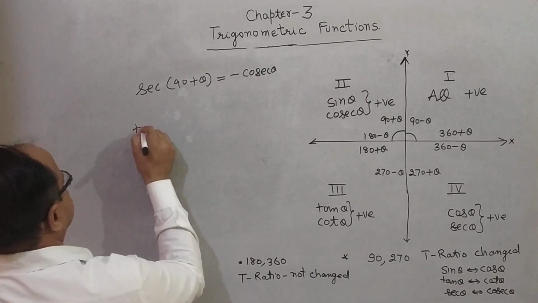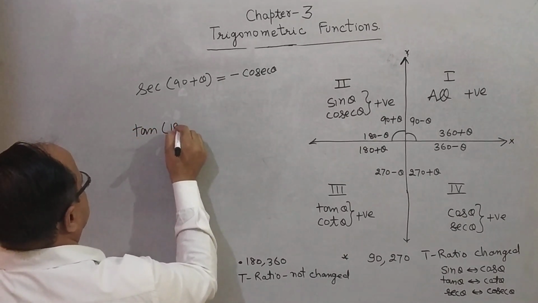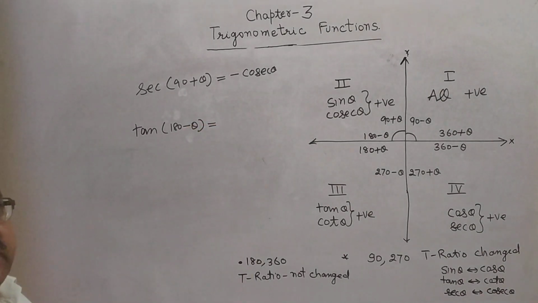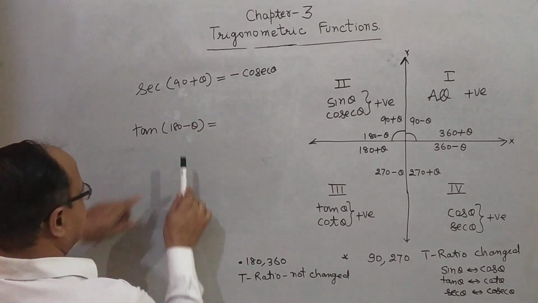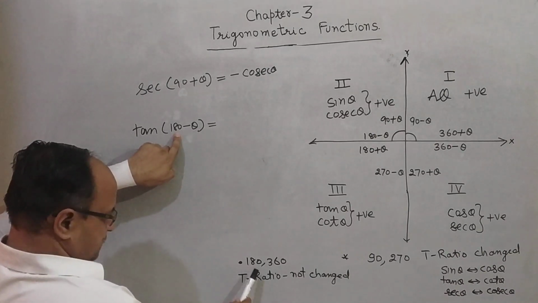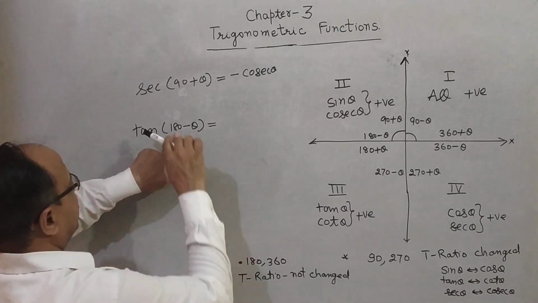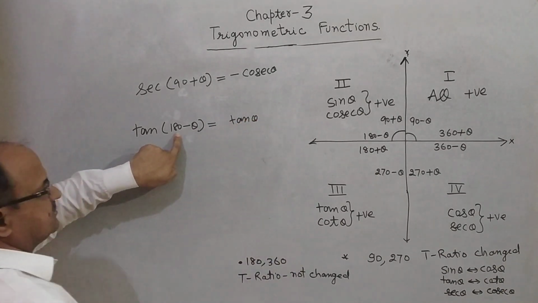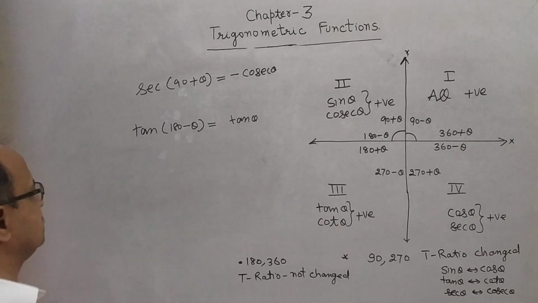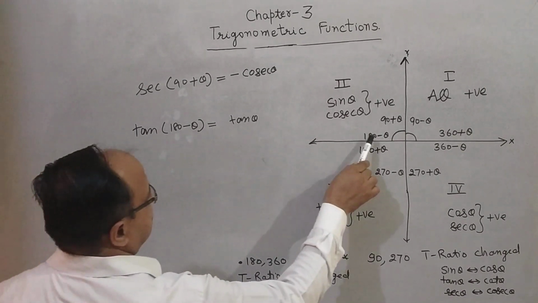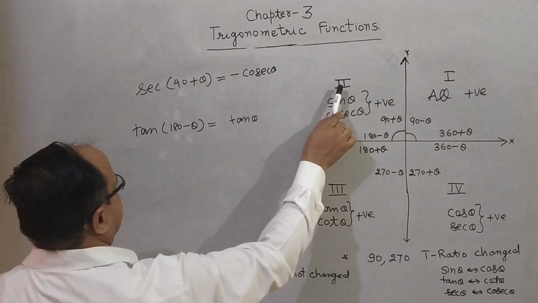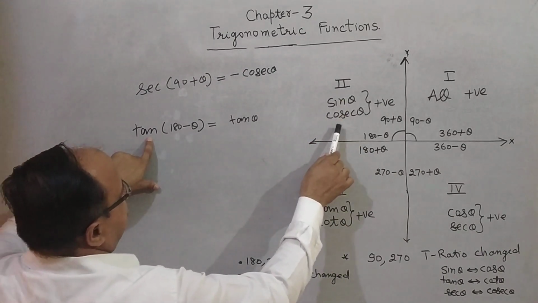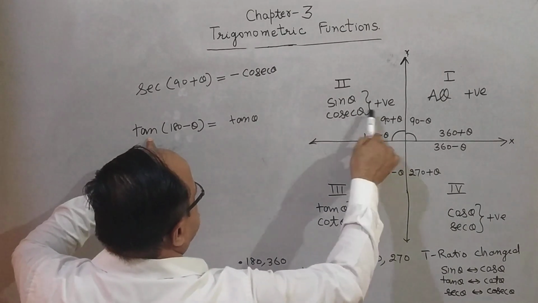Similarly, tell me tan (180 minus theta). It is the case of 180, which means the T ratio does not change. Tan remains tan. Now decide the sign. 180 minus theta lies in the second quadrant, and in the second quadrant tan is negative because in this quadrant sine and cosec are positive.